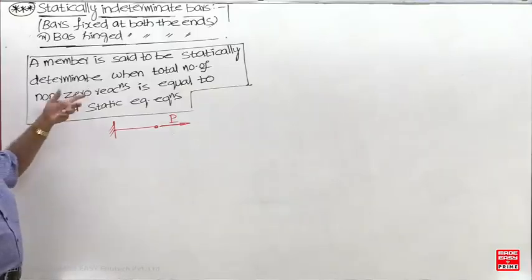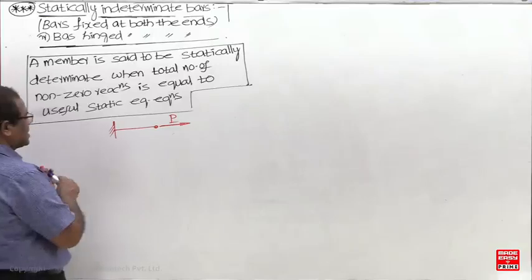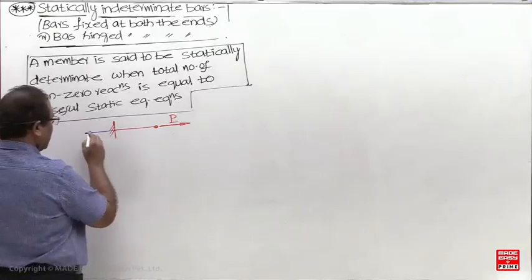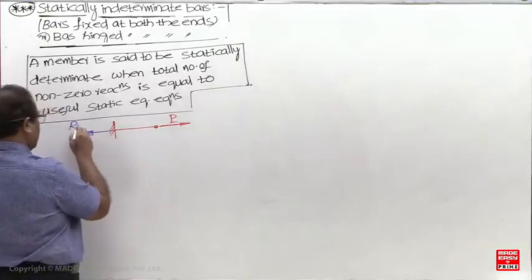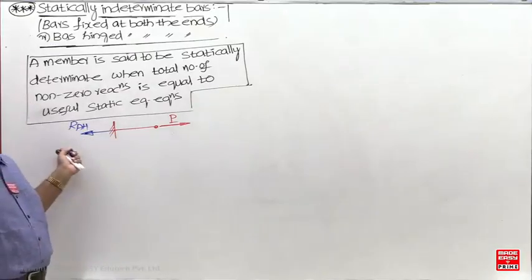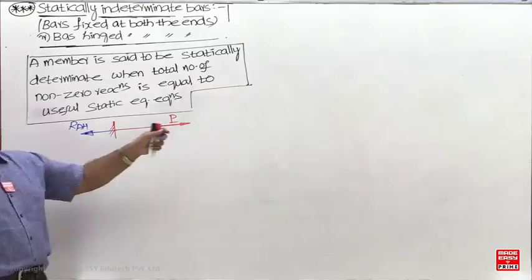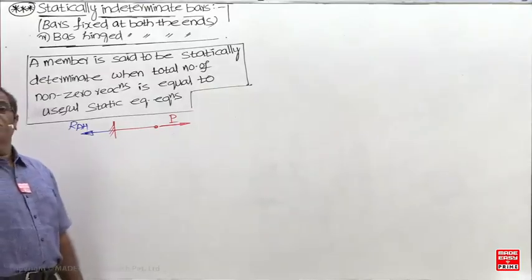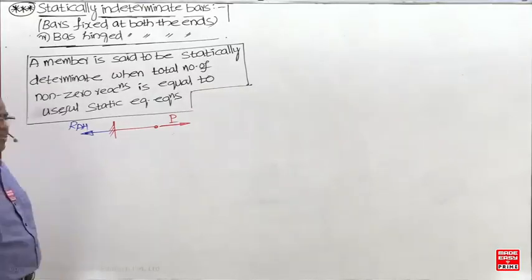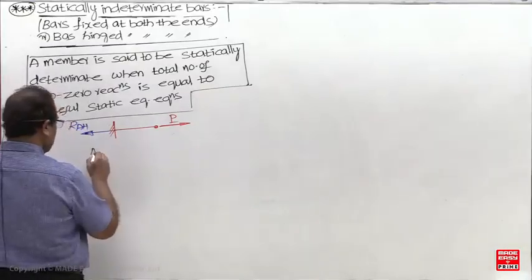There is no use of sigma V and sigma M. So you should not see the total number of reactions; you have to see the non-zero reactions. So this is going to be calculated by using sigma H equal to 0.